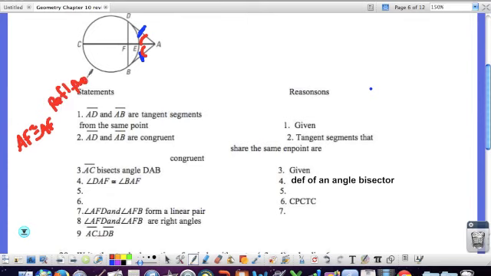But as I said, when I look at these that are done by some other sources, sometimes the things that are very obvious, like AF is equal to itself, are kind of left out. So I'm going to now say that triangle ADF is congruent to triangle ABF, and I say that because of side angle side.